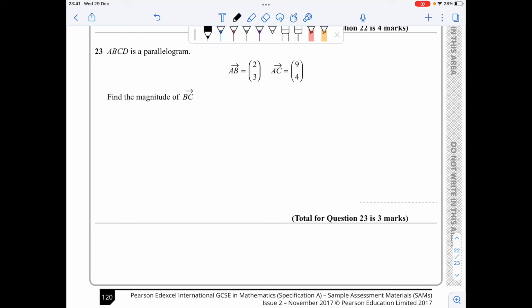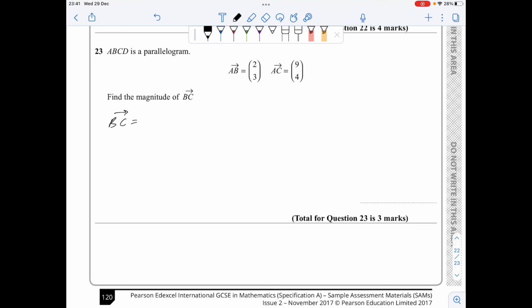Now for 23, there's no need to draw the parallelogram. Just note that BC is equivalent to BA plus AC. Now BA is the reverse of AB, that's minus (2, 3), plus AC, which is given in the question.